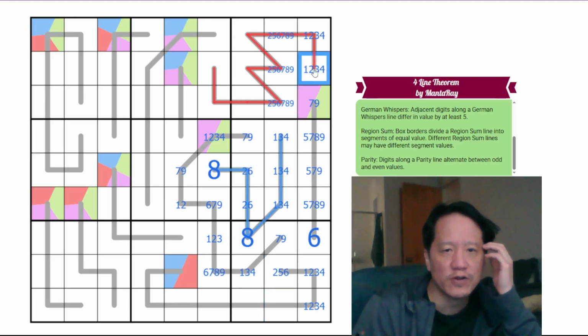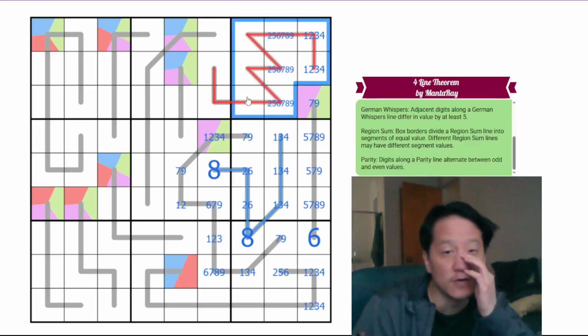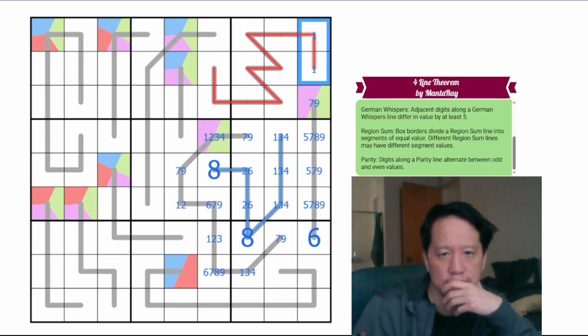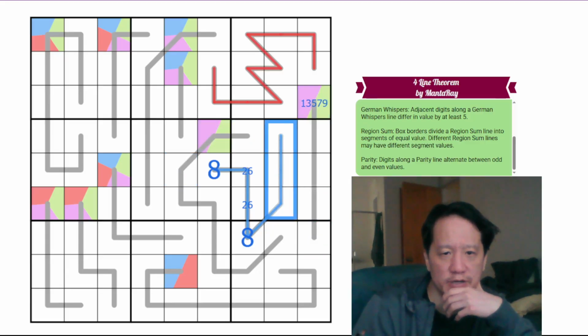One thing we should figure out is the odd and or the sets here, right? We know this is 1 through 6.